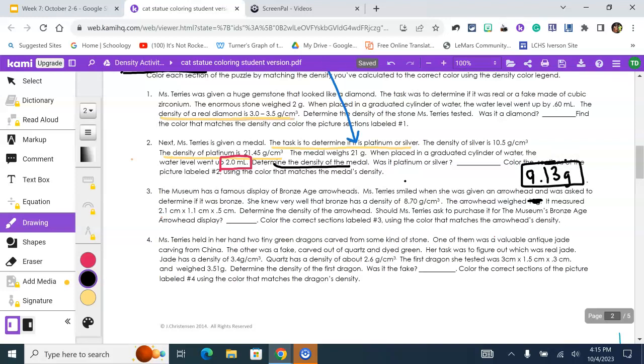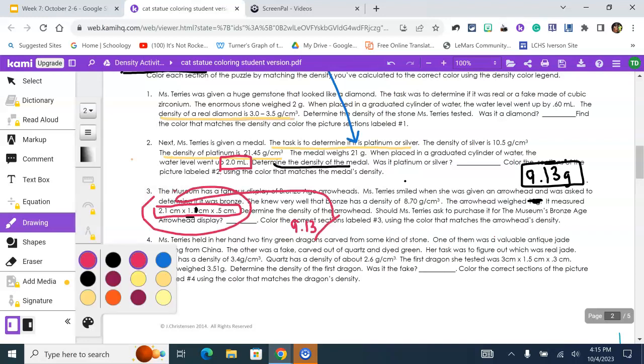And then, do you see where it says 1.1? Make it 1.0. Now this is your volume. It just means that you have to multiply these in order to find the volume. So you're going to take 9.13 divided by whatever the answer of this is. I think it's 1.05. Then make sure that you go back and answer the question, should Miss Terry's ask to purchase it?